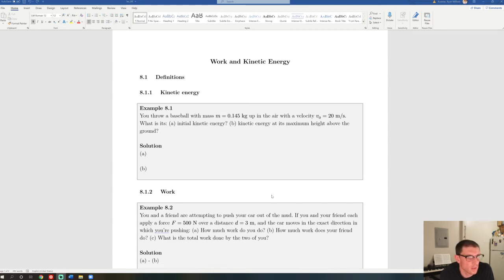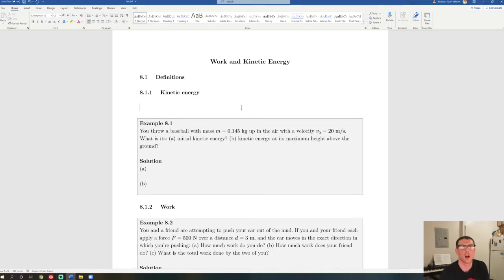So let's get started here. The first thing I want to say is that there are many different kinds of energy in physics, right? But we're going to talk about translational kinetic energy.